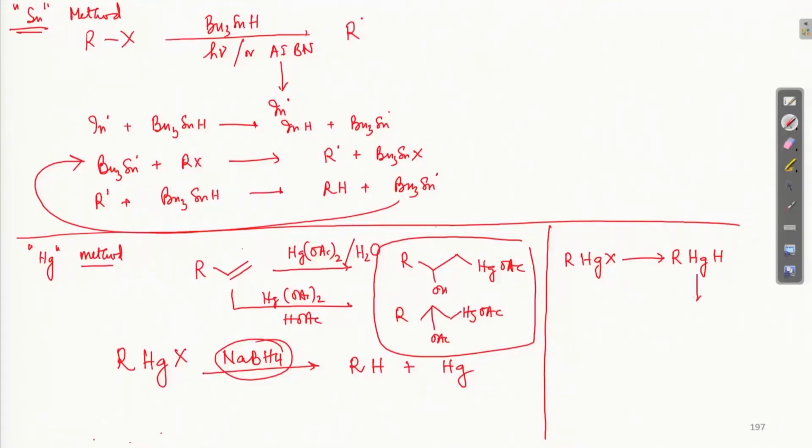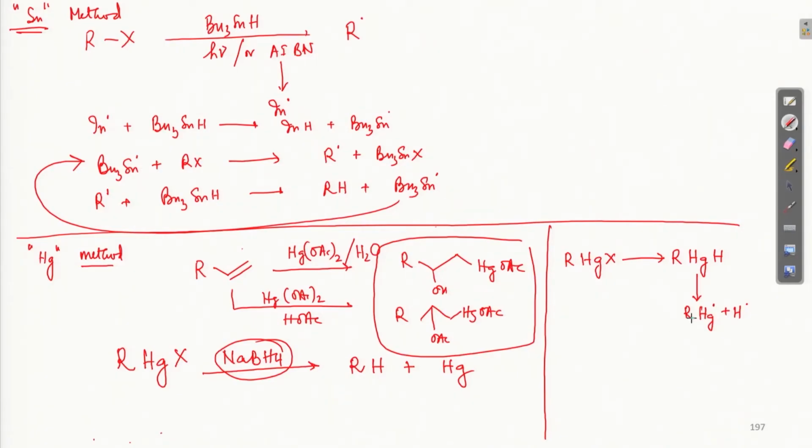So, they decompose, even if to a tiny extent, like this: R dot plus HgH dot. That happens under the normal thermal condition, not to a great extent, but you need a tiny amount of this reaction for the whole reaction to follow a radical chain process.